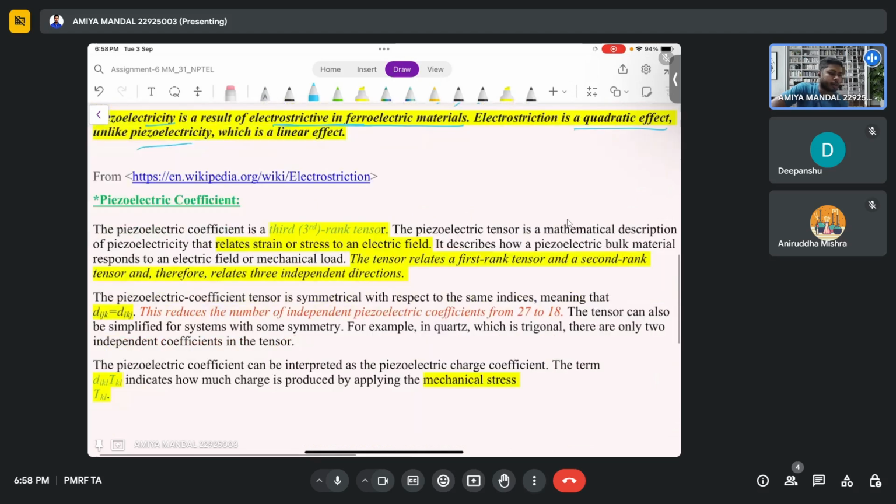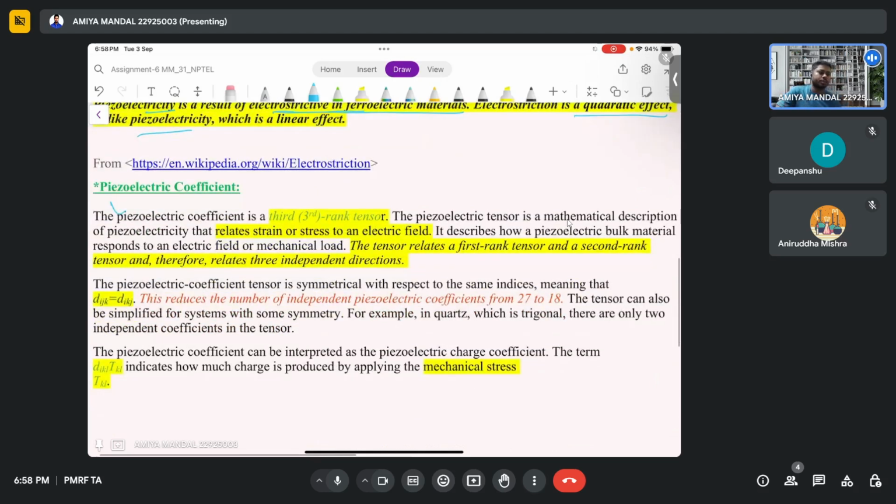Okay, and also the piezoelectric coefficient is a third rank tensor. This is the piezoelectric coefficient d_ijk, with reduced indices. You have also seen the reduction from 27 to 18 piezoelectric coefficients. In quartz, which is trigonal, there are only two independent coefficients in the tensor.